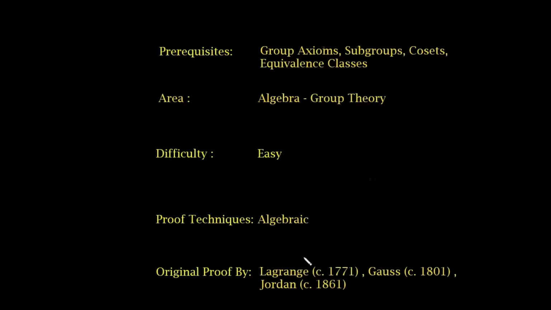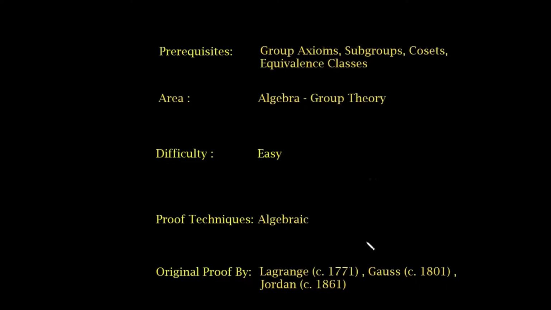So I've credited here Lagrange, Gauss and Jordan. They independently and quite apart in years proved different versions of this statement. So Lagrange, he had a simple proof of the symmetric group, although you wouldn't have called it that.